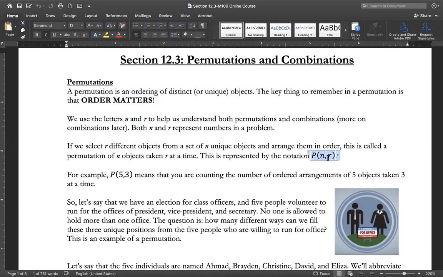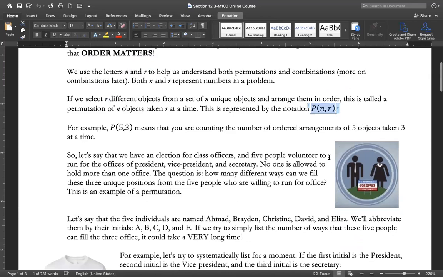And this is the notation that we use for that. Okay. Now I know that we need some context to understand. So let's say that we have a permutation of 5 objects. We have 5 different things, taken 3 at a time.